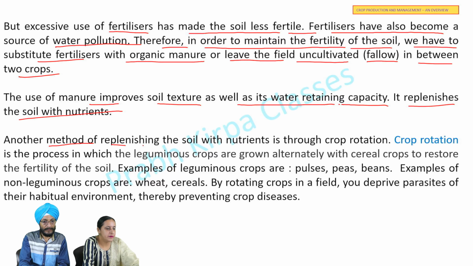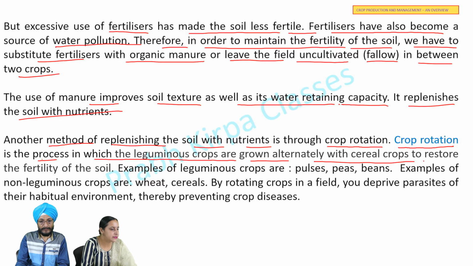Another method of replenishing the soil with nutrients is through crop rotation. Crop rotation is an important term and the students may be asked questions about the same in the examination. Crop rotation is the process in which the leguminous crops are grown alternately with cereal crops to restore the fertility of the soil.